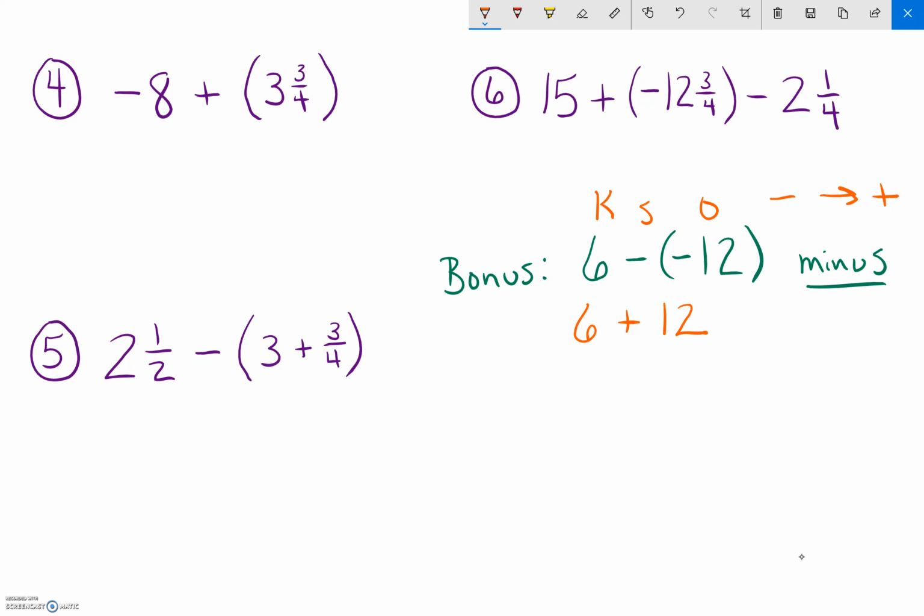It gives us a solvable addition problem that gives us the same answer as the subtraction problem would. So 6 minus negative 12 is the same thing as 6 plus 12. It's 18. So you may see that rule being used on these three questions.